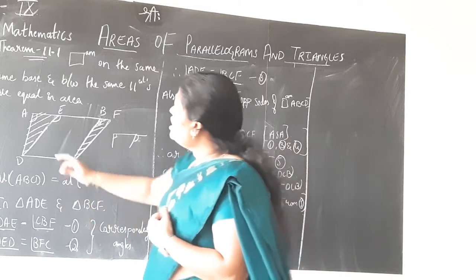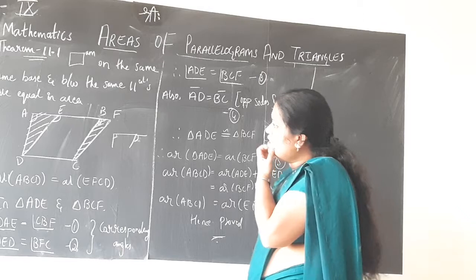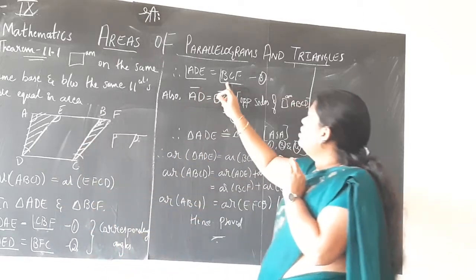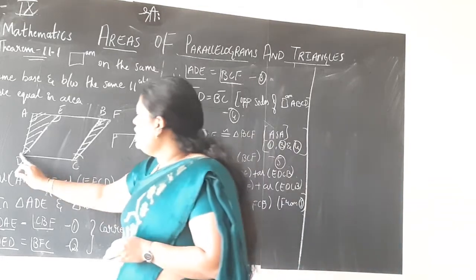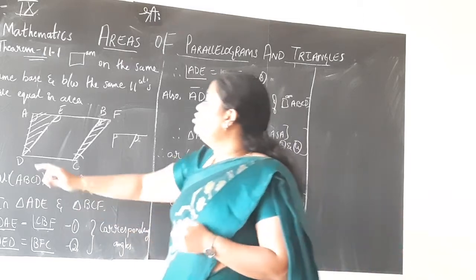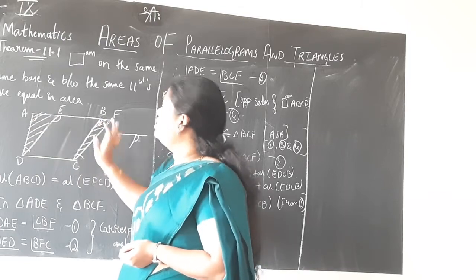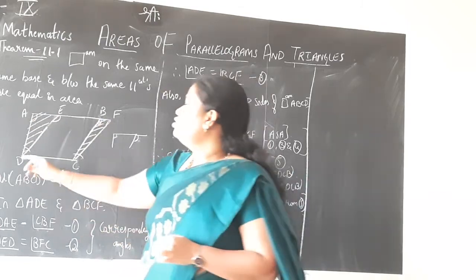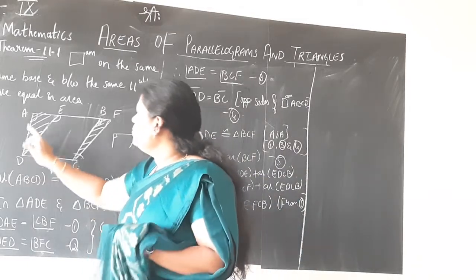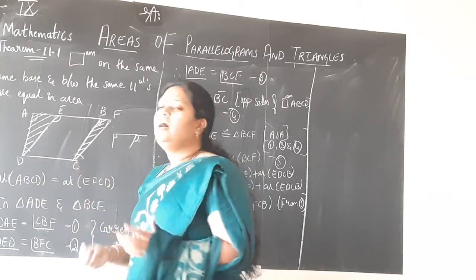Now, when we say these two angles are equal as corresponding angles, hence we can also say angle ADE is equal to angle BCF. C and D, the vertices of both the parallelograms, are also the vertices for the two small triangles formed on either side. So by the angle sum property we already know, since the angles at A, B, E, F are equal, C and D are also equal.